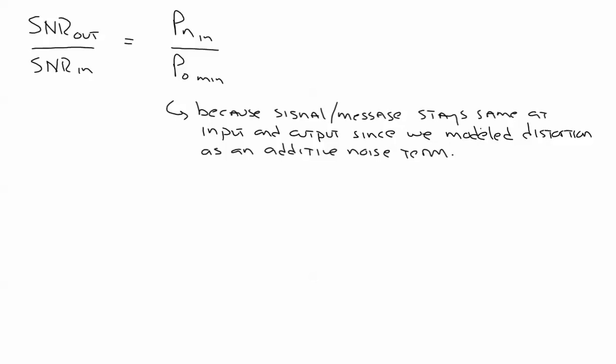In effect, at the input and the output the message remains the same, therefore the signal power or the message power remains the same. Okay? So this is really the incoming noise power divided by the output noise power.